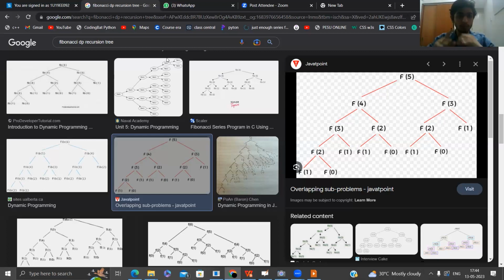Next, we talked about the base case. We talked about two implications of the base case. First, it prevents you from making unlimited calls. Second, it helps you build the answer down the recursion tree, right? Because over here, if Fibonacci of 1 and Fibonacci of 2 were not the base case, we would not have built the answer for Fibonacci of 3, Fibonacci of 4, Fibonacci of 5, right?